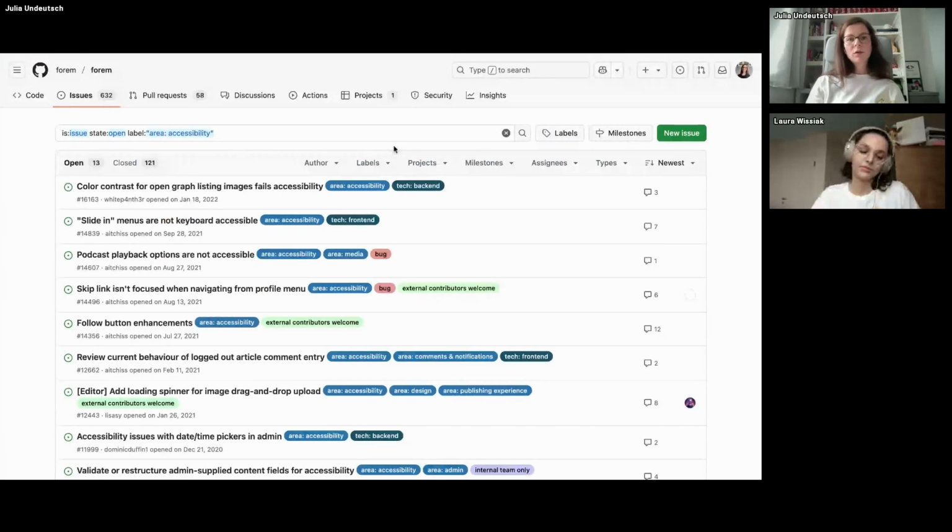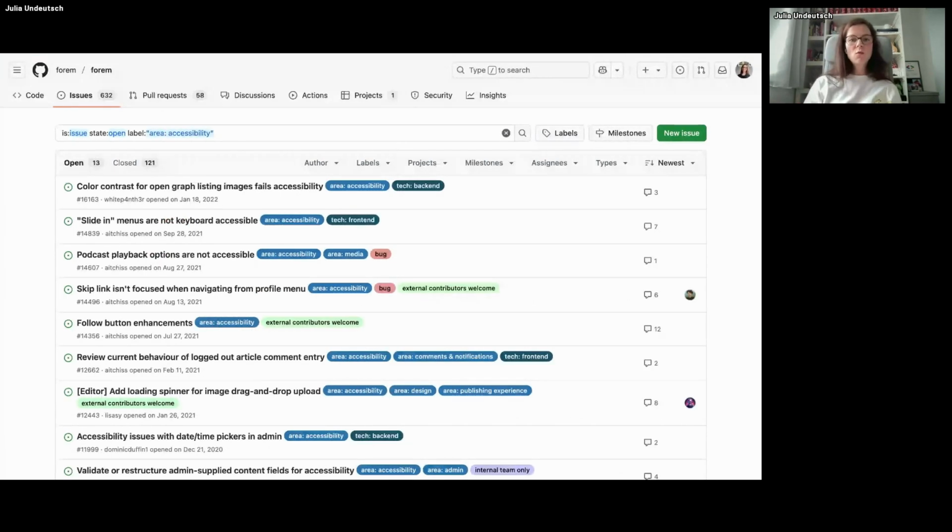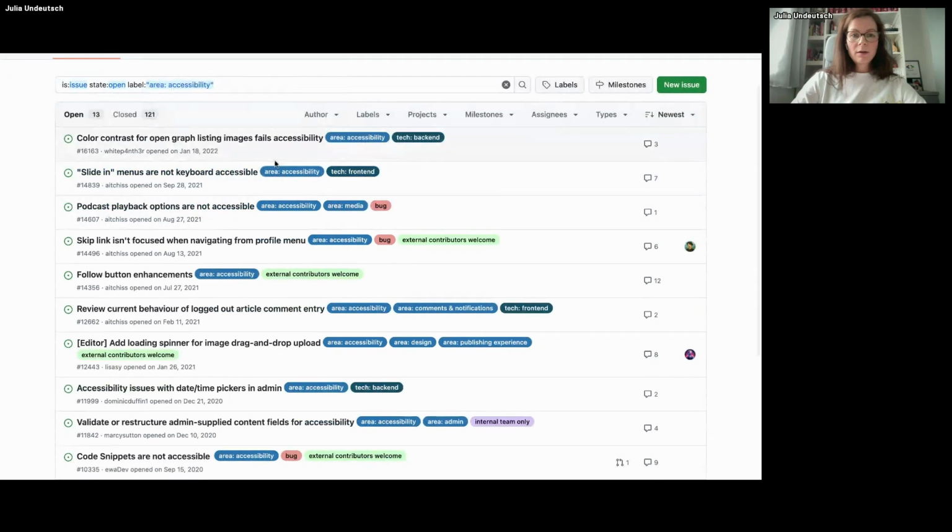issues are there? So in case you did not find anything on the homepage and you want to work on an existing ticket, you can filter it and go through the list, which is labeled with accessibility.